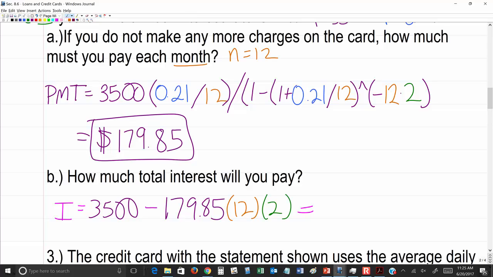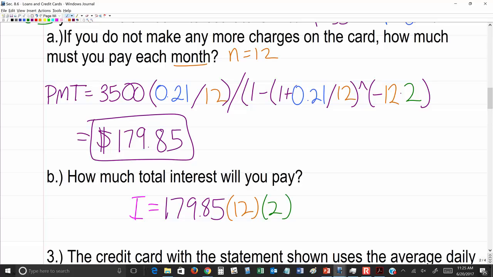Oh, I guess I did it backwards. It should be how much I paid minus the principal.